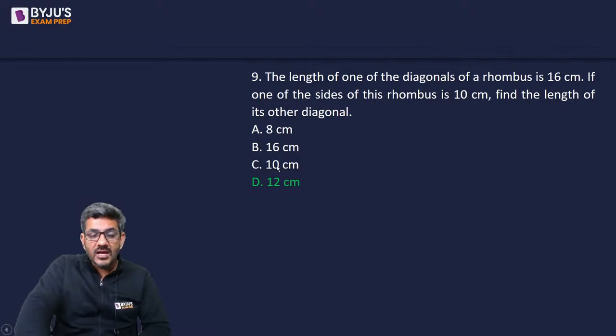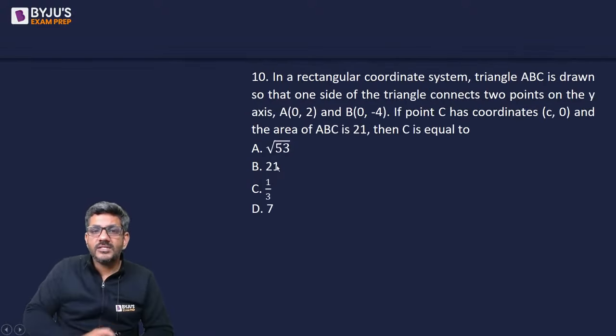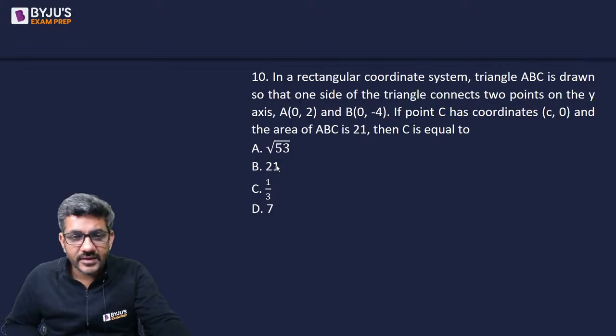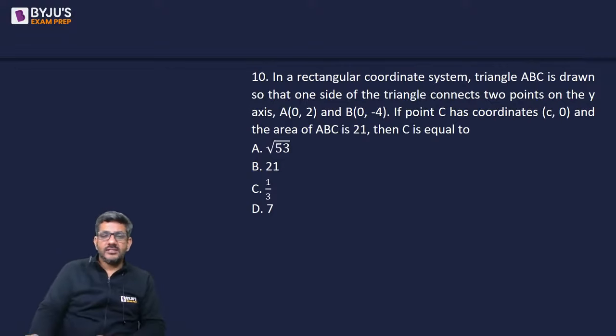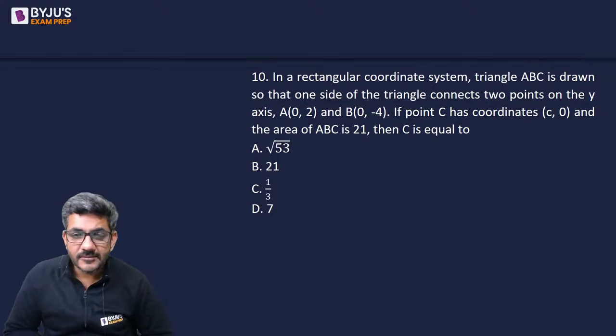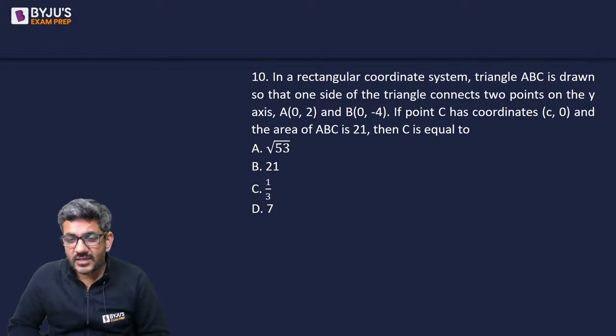this brings us to the last question of the day, question number 10. And once again, the last question is here now. Let's complete it. Question number 10 on your screen.